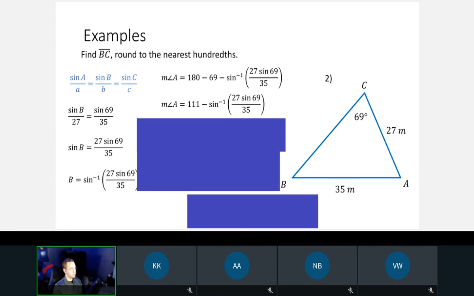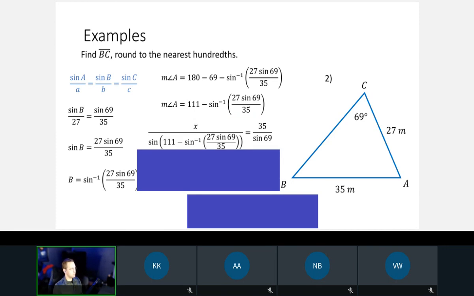So we now know angle A, which is all that stuff. We can then use law of sines again. So we're going to have side x. Let me go ahead and write that in. I'm just going to put an x here. All right, so we have side x over the opposite angle, which is angle A, which is all that stuff, equals this pair, 35 over sine of 69.